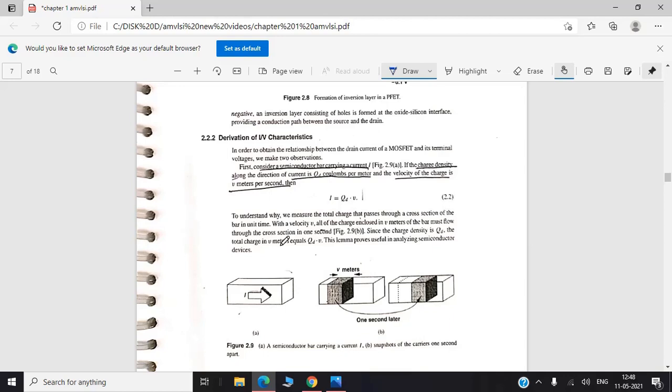If the charge density along the direction of the current is QD coulombs per meter, and the velocity of the charge is V meters per second, then I is given by what?